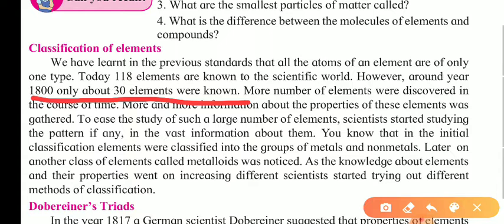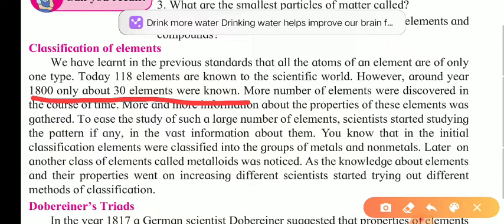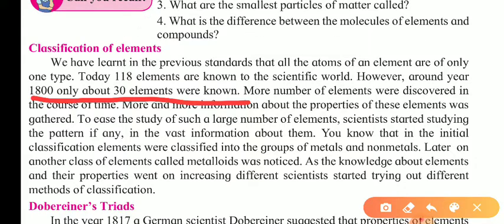Similarly, this entire world, almost the universe, is made up of smaller particles which we call elements and their atoms. These elements combine in different combinations and form different compounds, and those compounds form different matter.